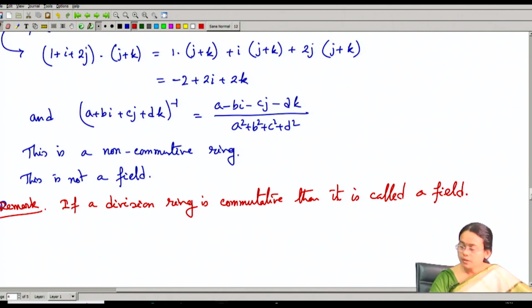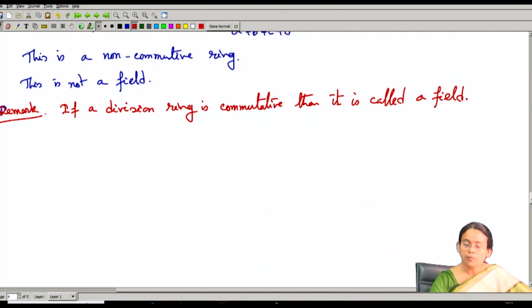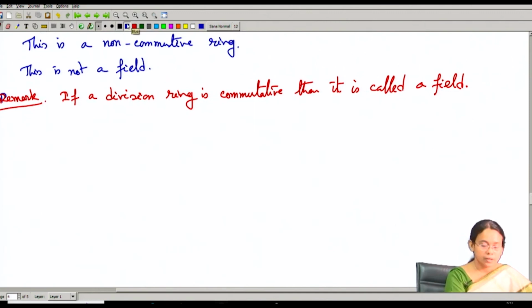Now, let me introduce the notion of a zero divisor in a ring. So, what is a zero divisor? Let R be a ring.